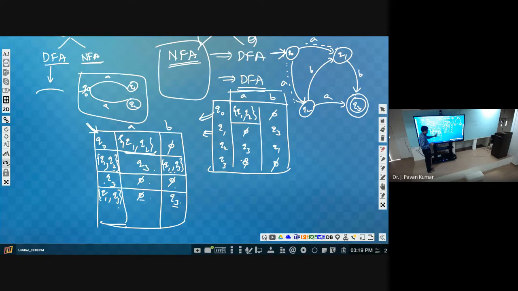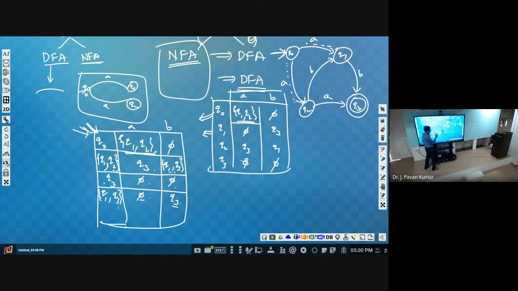Now whether it is NFA or DFA, how can we identify? If you consider this one, as we are having more than one entry against one input symbol, so it is NFA. But coming to this one, how we have to consider is q0 on A is q1 q2, but q1 q2 is one state.